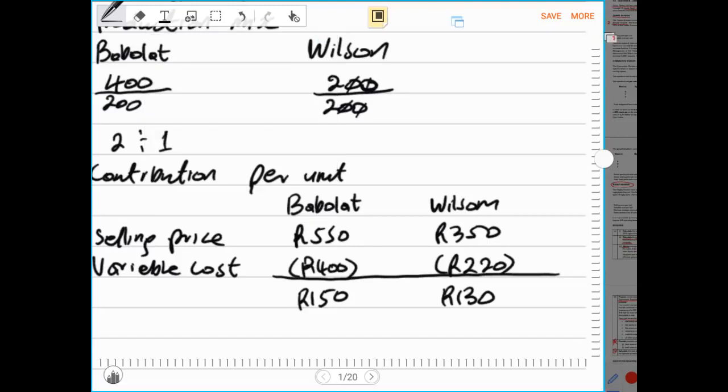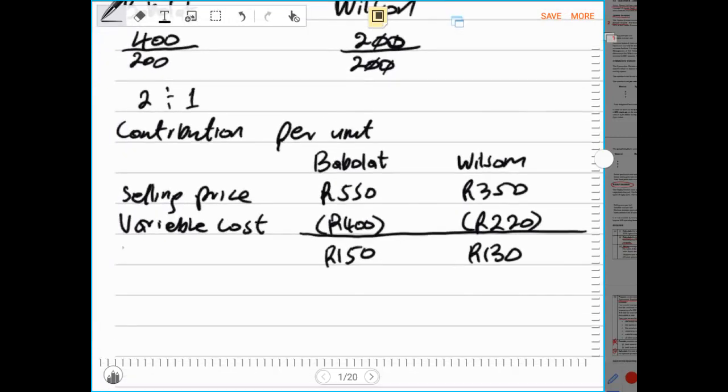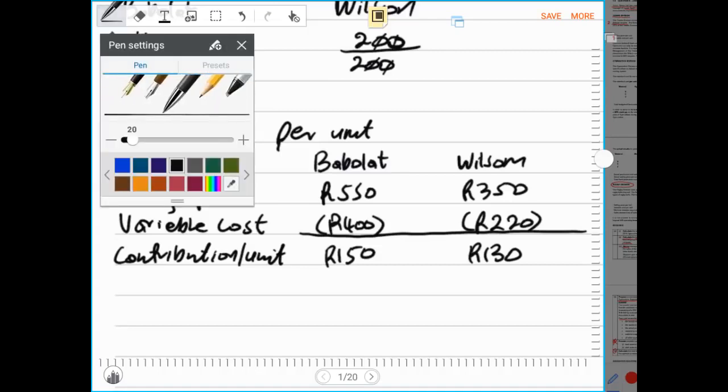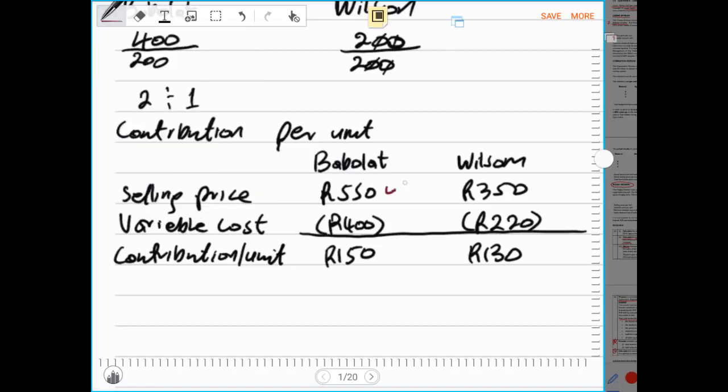And don't forget that contribution is the portion of sales which is used to cover fixed cost. Remember, we had our sales, and our sales price per unit was 550.